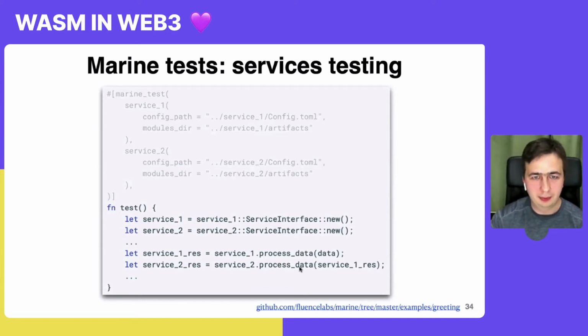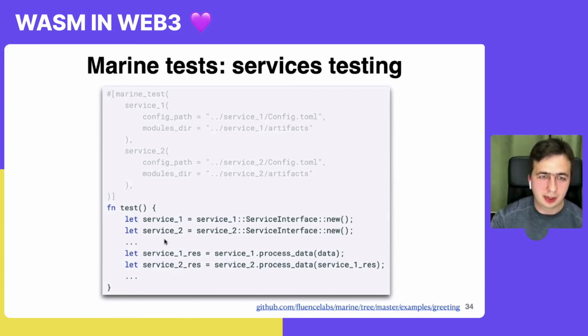Here you can see an example where service one is called, especially this facade module that provides a function called process data, which is called from service one, and the result is then passed to process data of service two. And with this result, we could do something, for example, compare it with some expected value or something like that. So here the scheme is different from other projects, because this function isn't compiled to WebAssembly and then run.